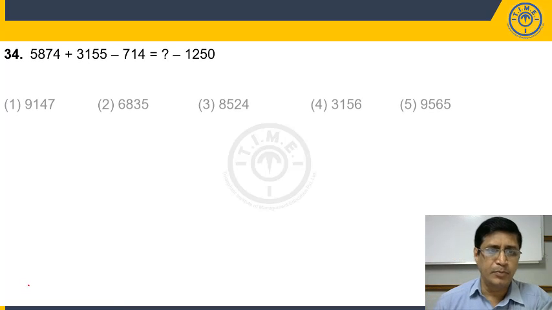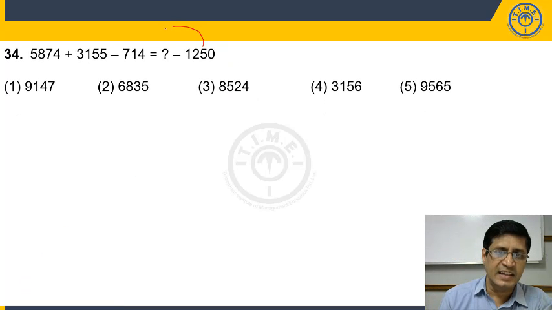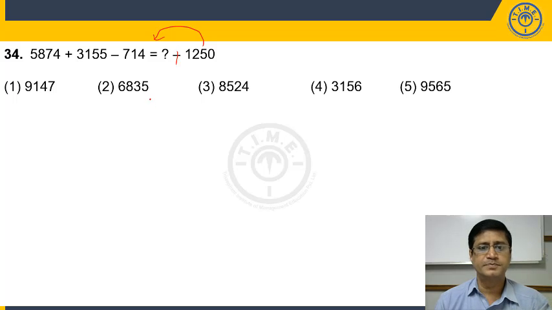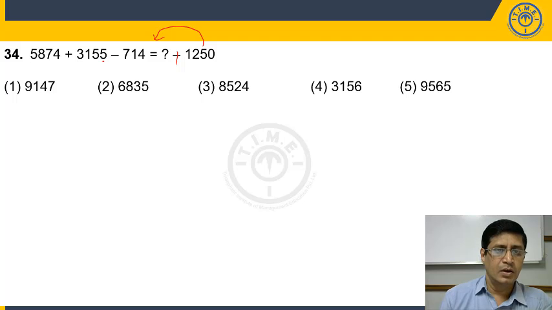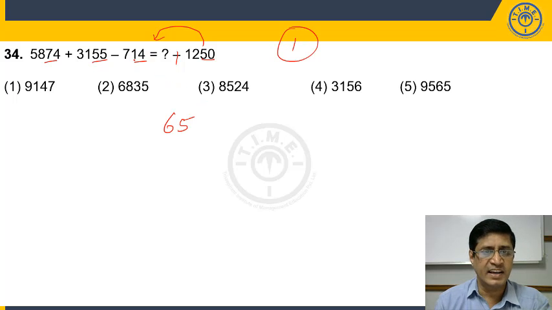Now look at the next example on your screen. When you take this to the other side, it will become positive. Now just simplify. What is the sum of these numbers? So 74 minus 14 is 60. 60 plus 105, that is 165. So 1 is carrying. Now what next here?